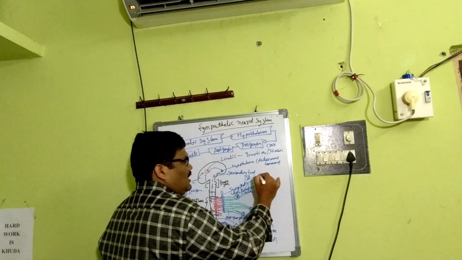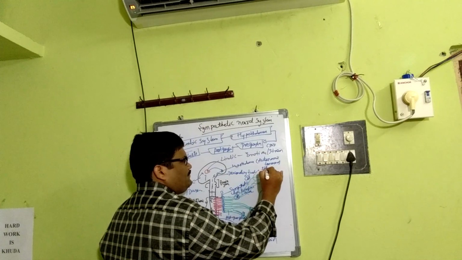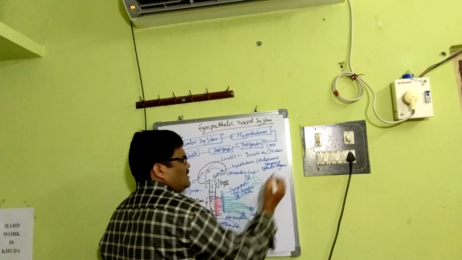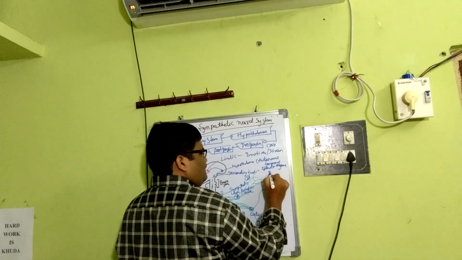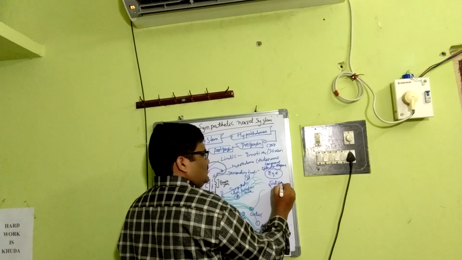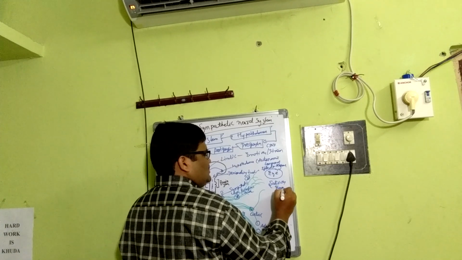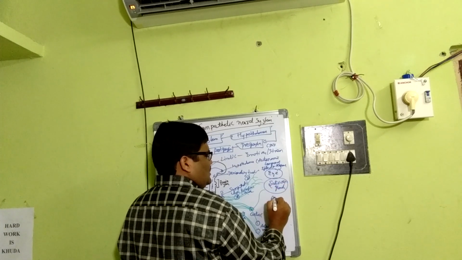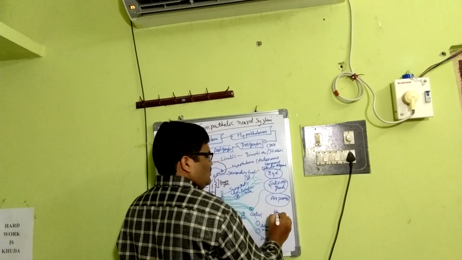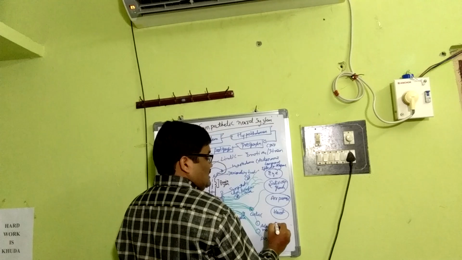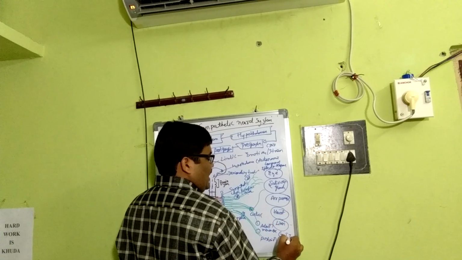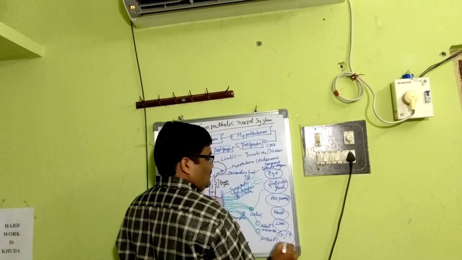They all go to effector organs. I will tell you, for example, the eye, the salivary glands, the air passage, the heart, the liver, the gastrointestinal tract, the urinary bladder.